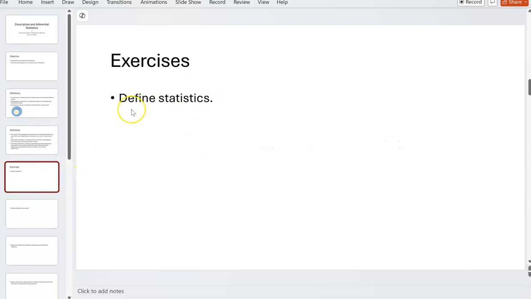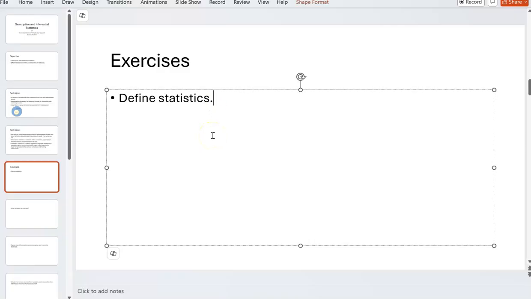First we are going to define what statistics is.